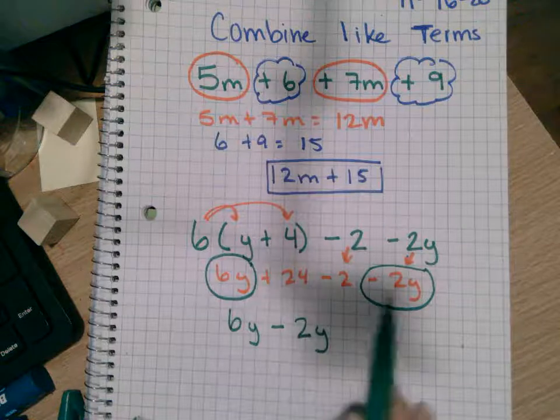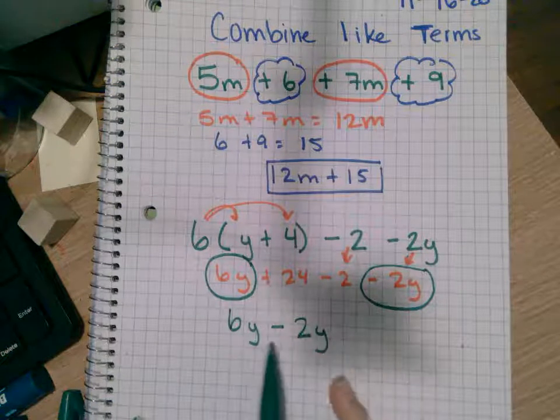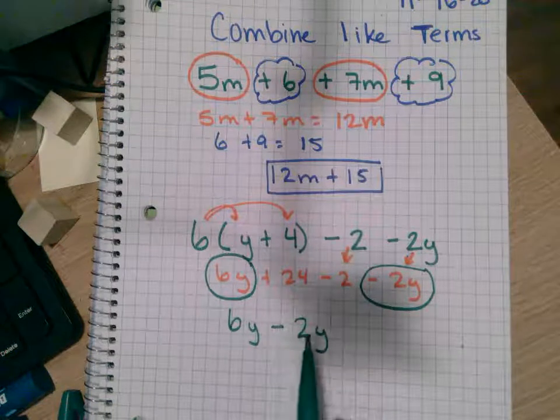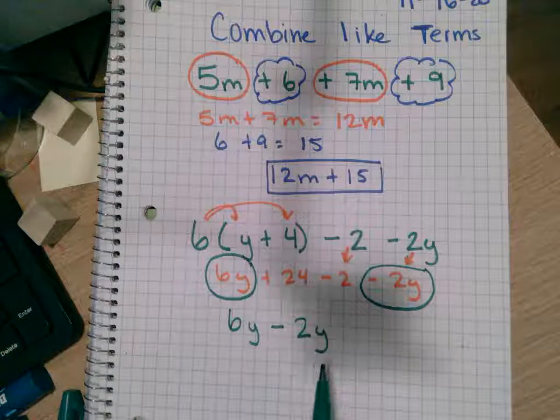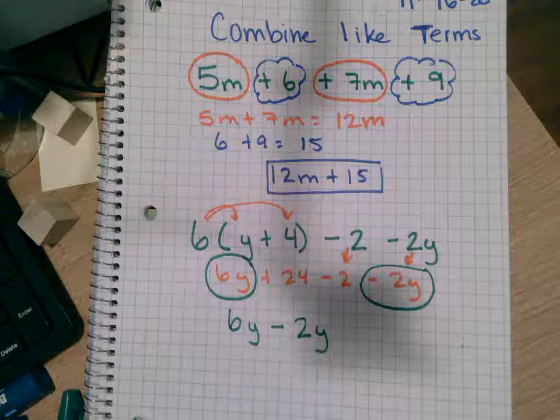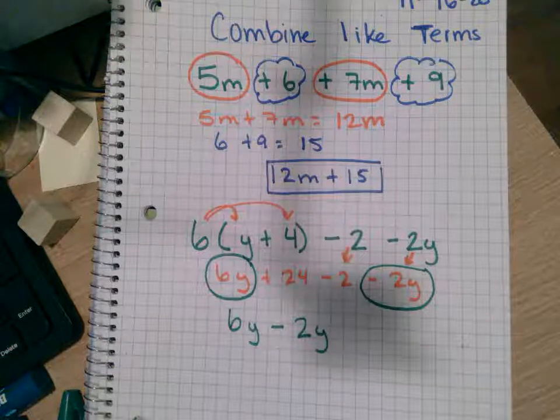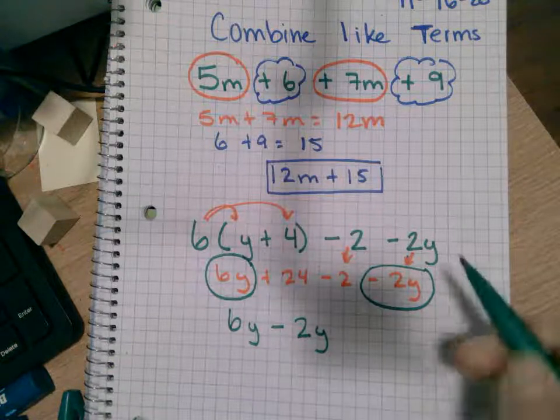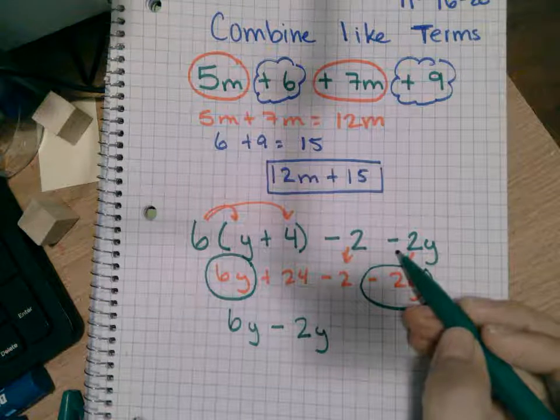They both have a y, so I'm going to combine them. Okay? So if they have the same variable, you combine them. Either you add them or subtract them depending on the operation. So here I subtract because there's a subtraction sign.